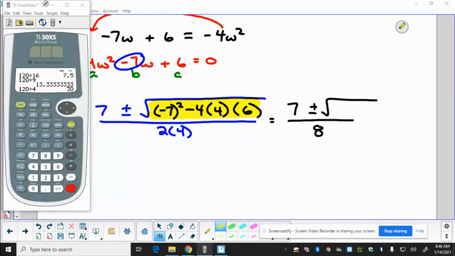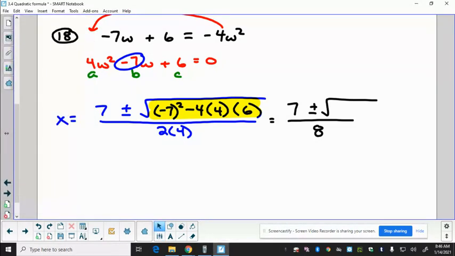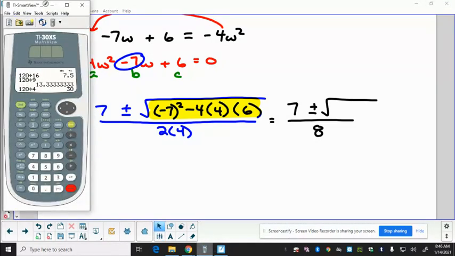So we've got negative 7 squared, which would be 49, right? Negative 4 times 4, which would be negative 16, times 6. It's like negative 96. Okay, so we've got a negative number here. Negative 47. 47 might be a prime number. You can work with that.